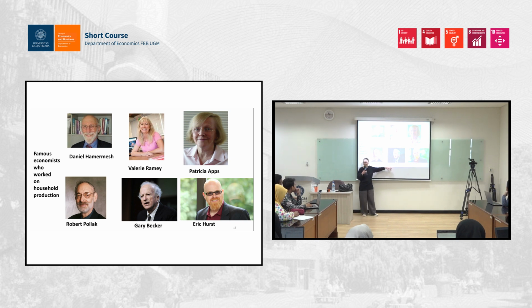Gary Becker is in the center, because Gary Becker is a Chicago economist, a Nobel Prize winner. He's the author of Treatise on the Family. And he's one of the first economists that started to work on family economics, and he also was the first one to start to work on time use. And he defined leisure time, for example.